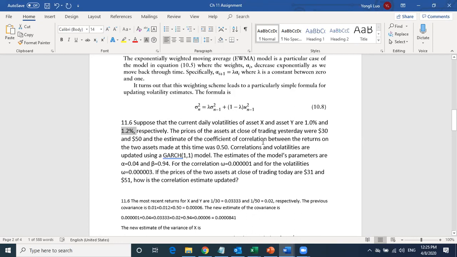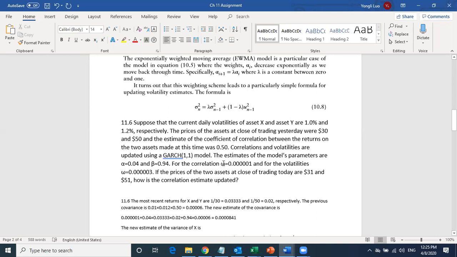The estimated coefficient of correlation between the returns on the two assets at this moment is 0.5. Correlations and volatilities are updated using the GARCH 1,1 model. So we're going to use that GARCH model. The model parameters are alpha 0.04 and beta 0.94.